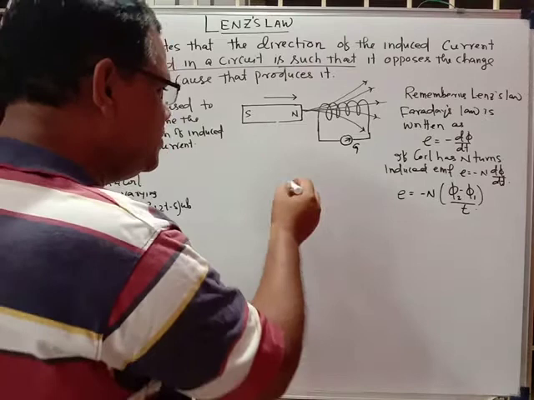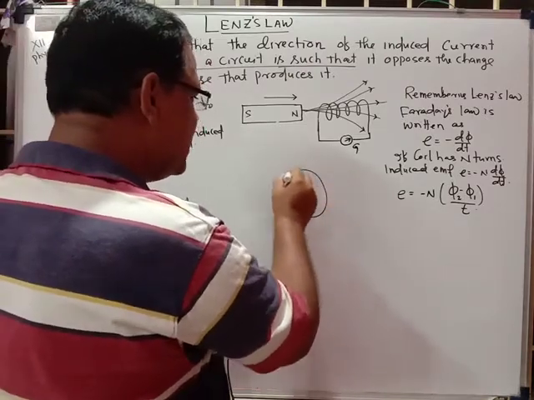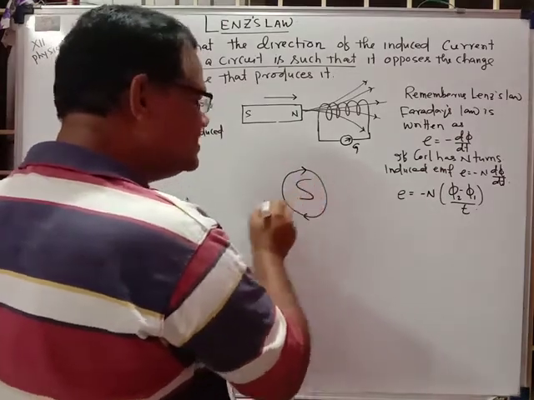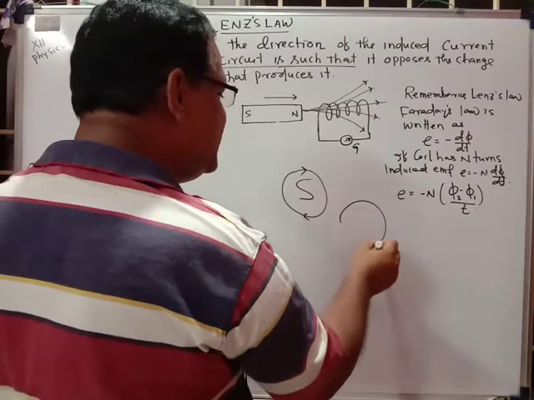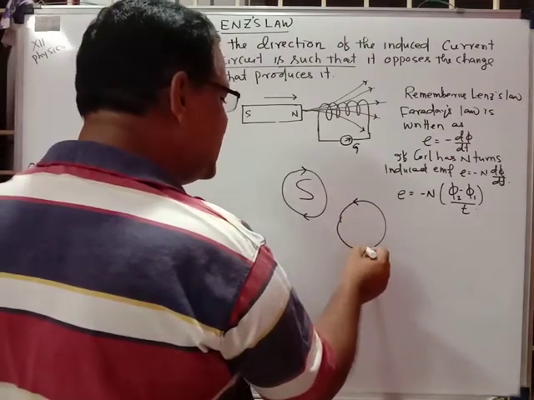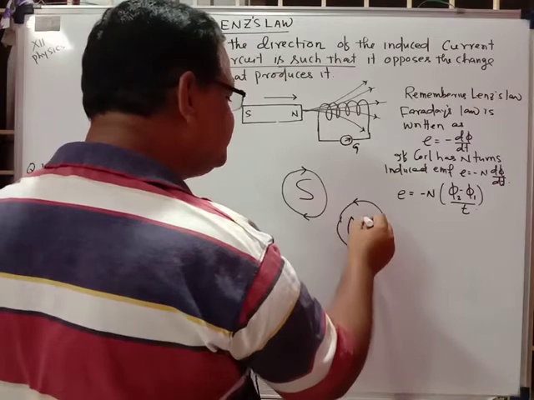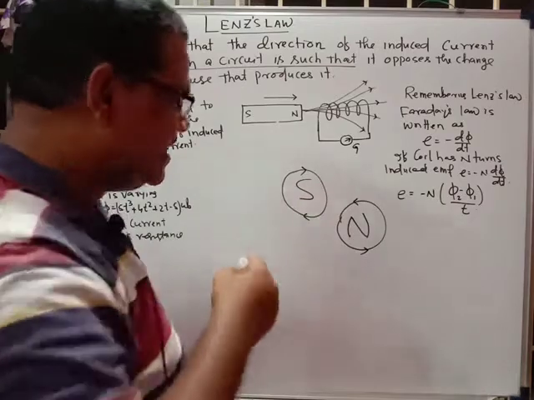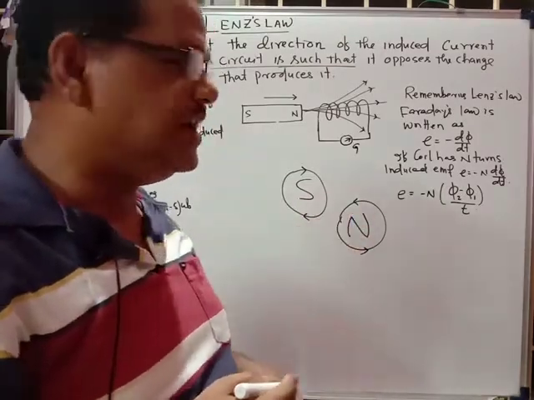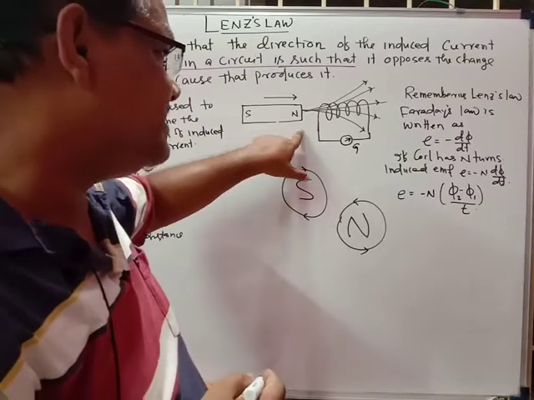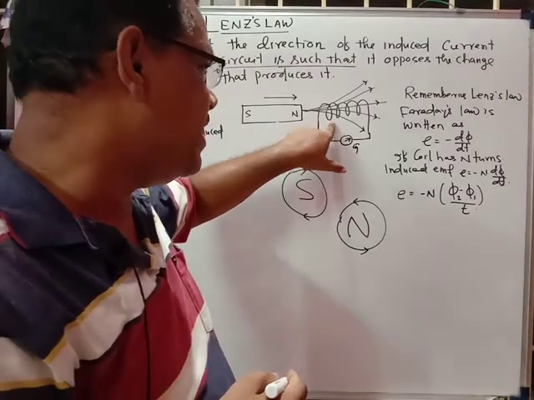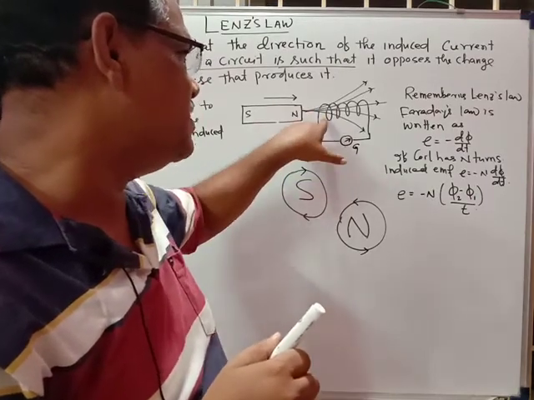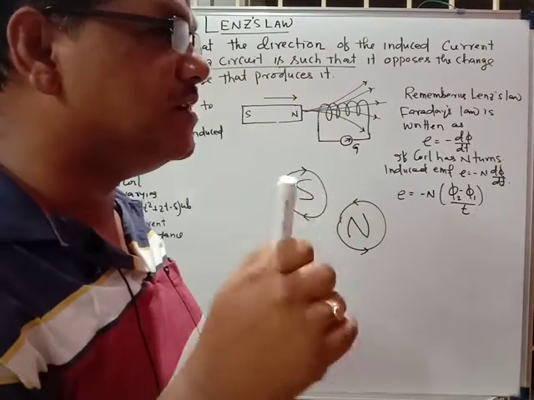So how will it be possible? You know it from the coil. If the current is flowing in a clockwise direction, the polarity becomes south. If the current flows in an anti-clockwise direction, the polarity is north. Our target is that the current will be produced in the coil such that the polarity developed on the front face shows the north pole.